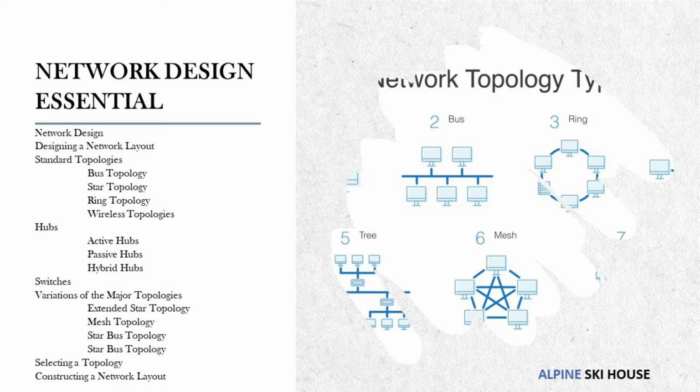We have also switches, variation of the major topologies such as extended star topology, mesh topology, star bus topology, and star ring topology. And also we will discuss selecting a topology and constructing a network layout.